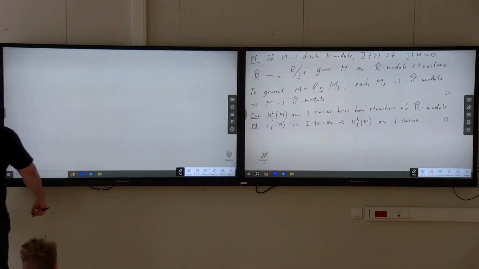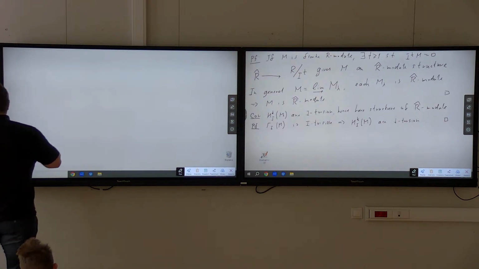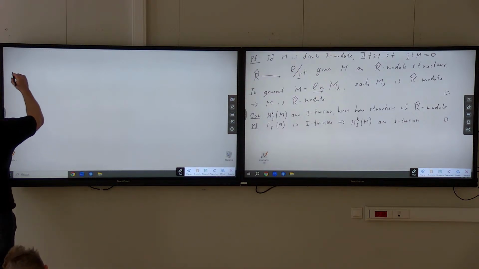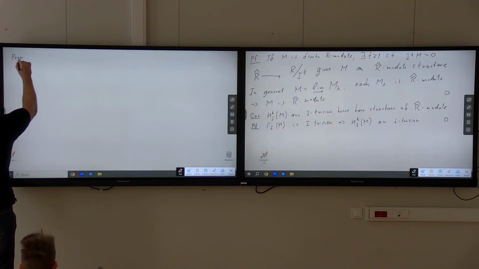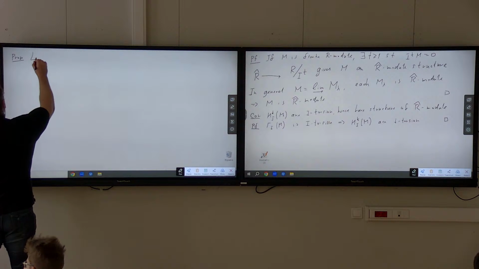As you can see, with these general properties we didn't use too much. It makes sense for any module and any ideal to satisfy finitely generated. Now for this one proposition we need some restriction.